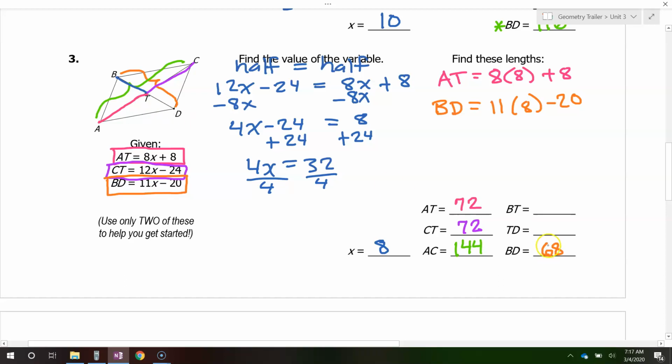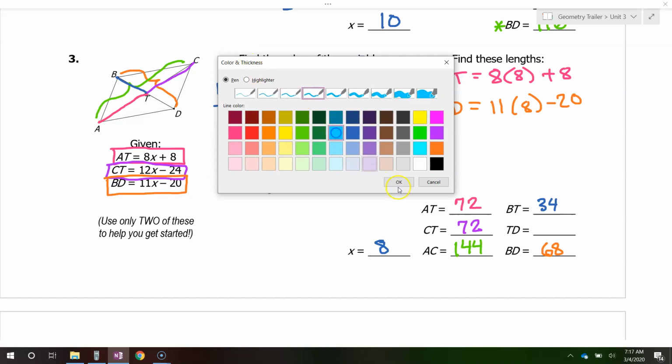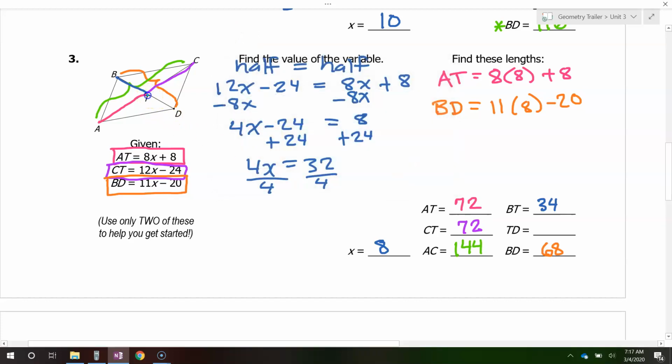So BT should be 34. It's half of 68. Similarly, TD is the other half, so it should also be 34 because half equals half.